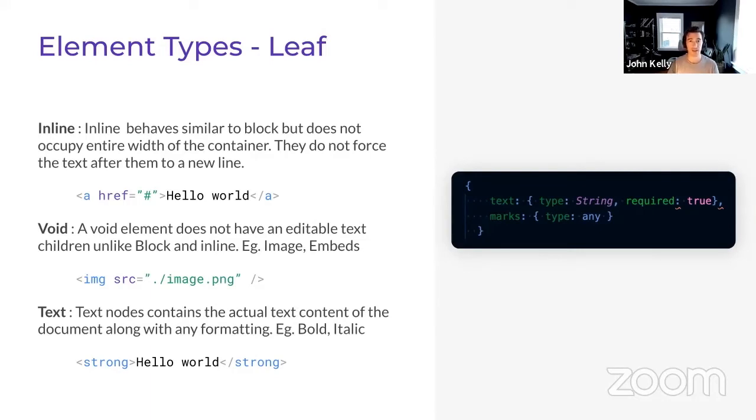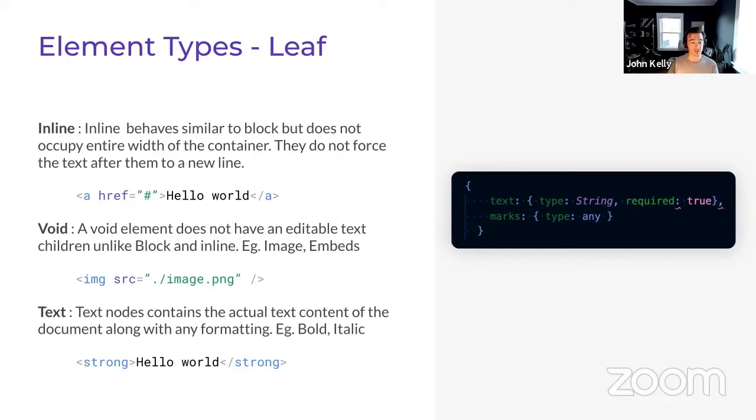A void element has no editable text, and so unlike block and inline, this would be things like embeds, for embedding a URL or embedding a particular object from a third-party service. Also dropping an image or a video, those would be void elements because they don't have any text for the rich text editor to manage.